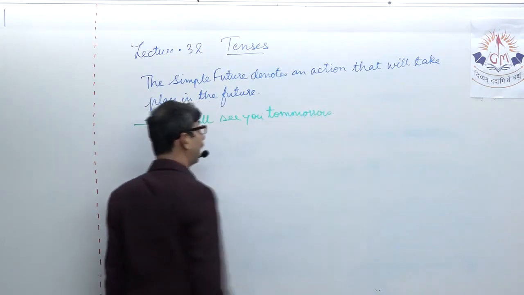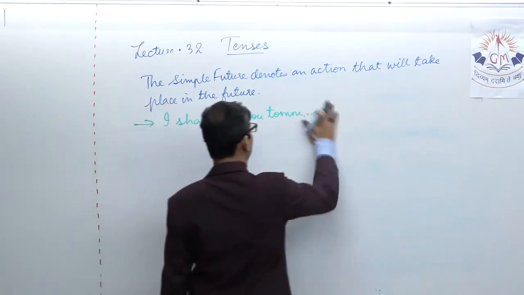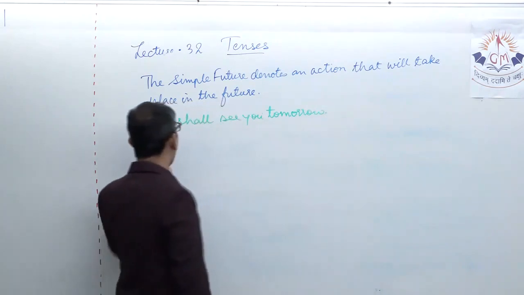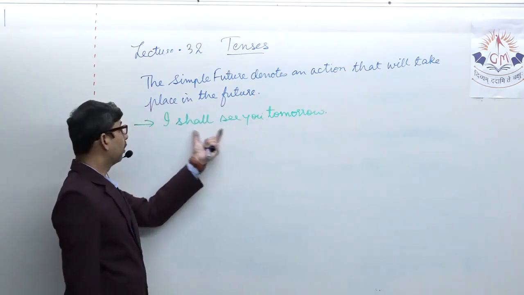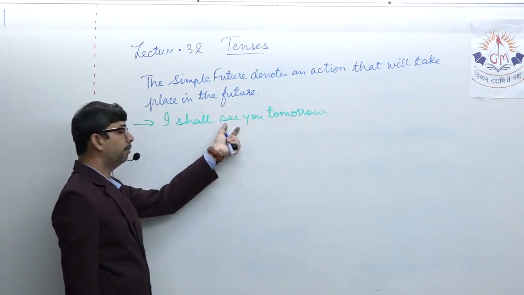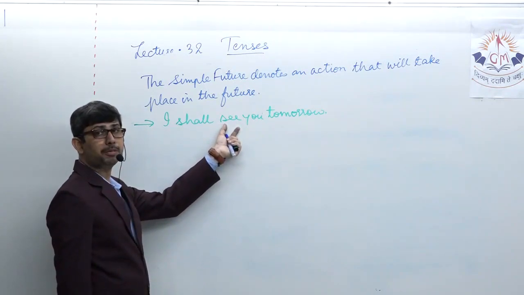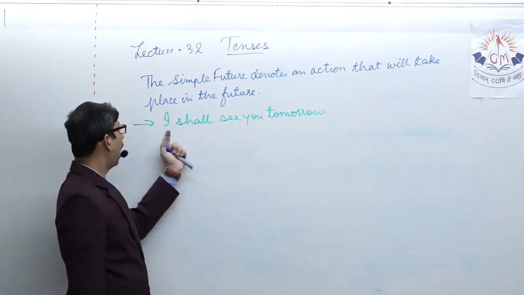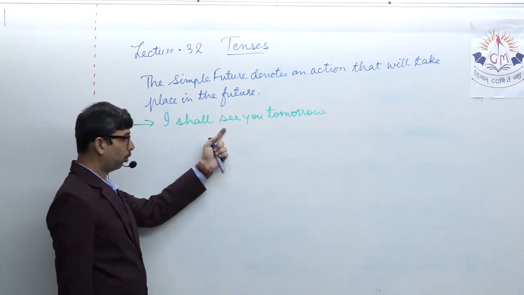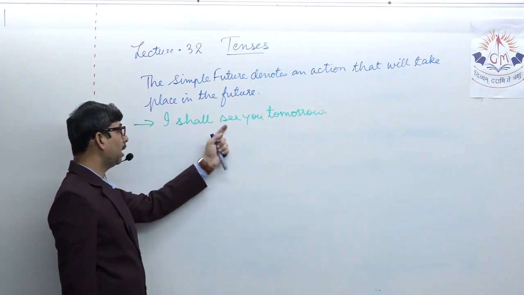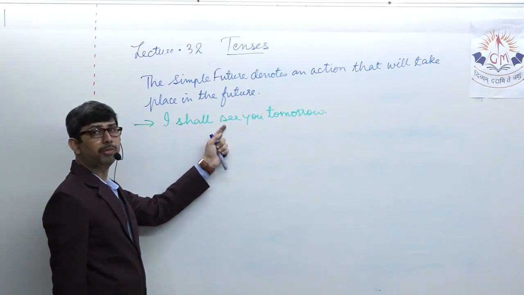That is the coming time. I shall see you tomorrow. The word shall is the auxiliary verb, and the main verb is in its base form, or the original word, the word it originated from. Applying will or shall will be followed by the base form of the verb.